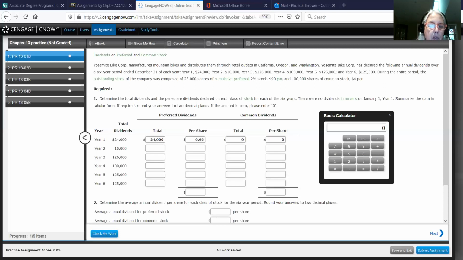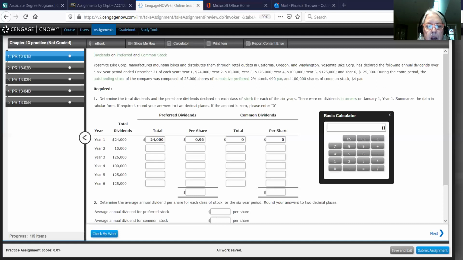So that means the preferred stockholders will get the entire 10,000 in dividends, and we still owe our preferred stockholders at the end of year two $56,000. That $56,000 is going to be carried forward into the next year's computations for calculating dividends.